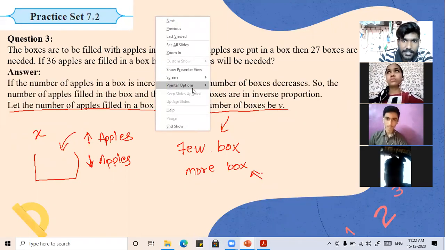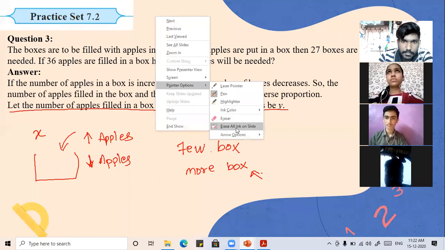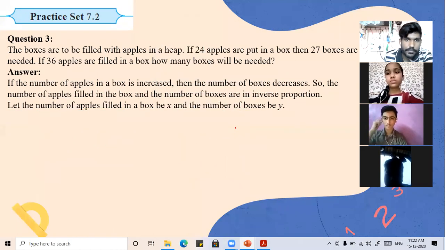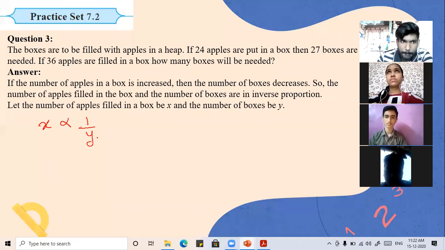So let us write it mathematically. The number of apples is inversely proportional to the number of boxes, so X is proportional to 1 by Y. Now we have to write this in the form of an equation.